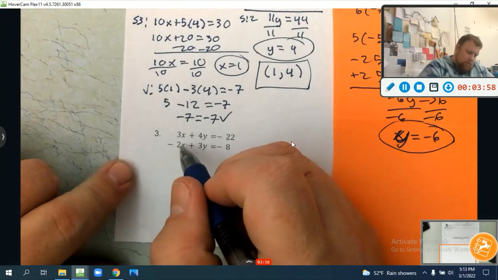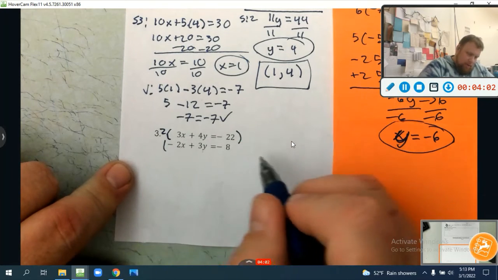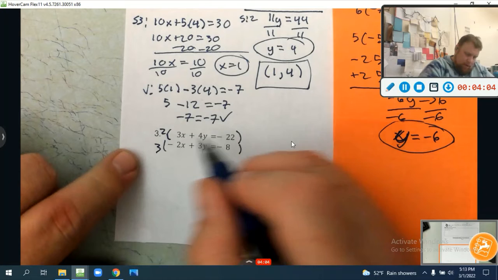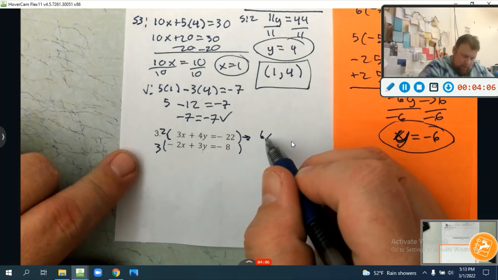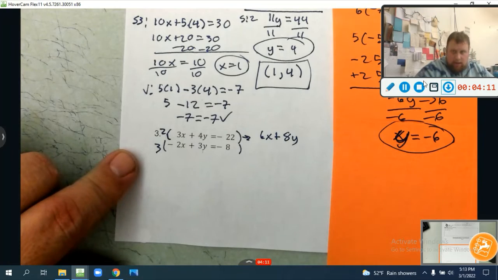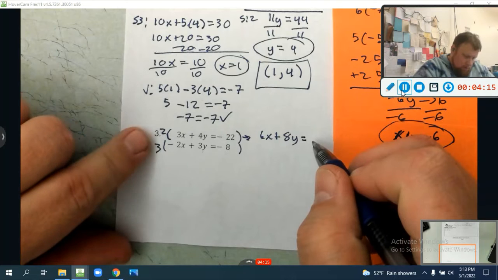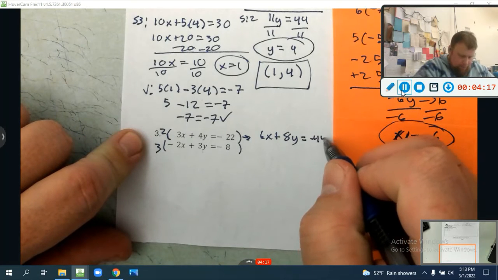So I know 3 and 2 both go into 6, so I'm going to multiply the top here by 2 and the bottom equation by 3, and I end up with what? 6x plus 8y equals, times 2, negative 44.